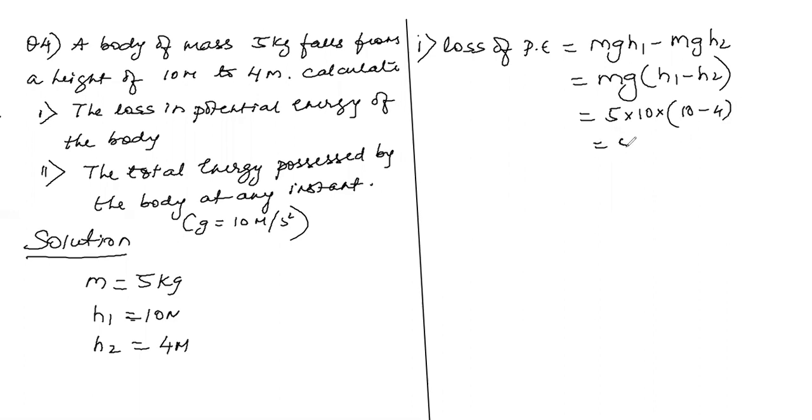So this is 5 into 10 into 6, which becomes 300 joules. So this is the loss in potential energy.